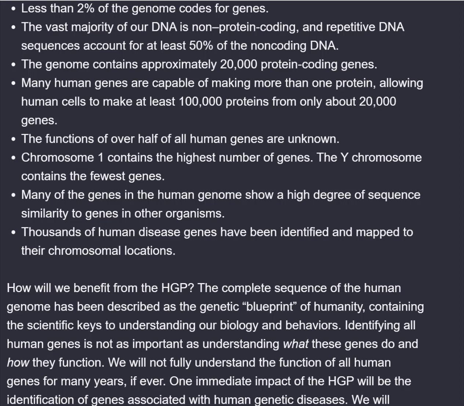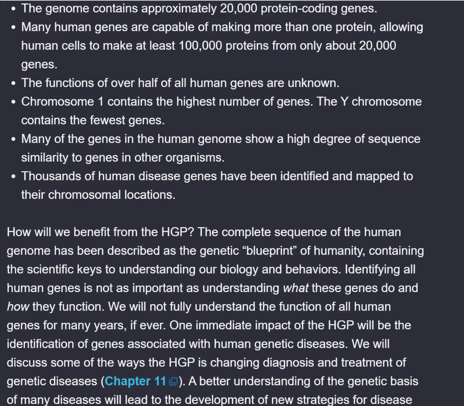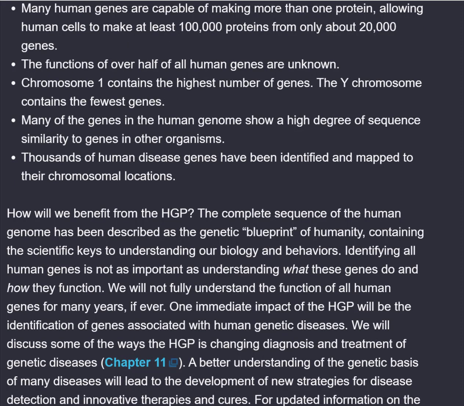Less than 2% of the genome codes for genes. The vast majority of our DNA is non-protein coding, and repetitive DNA sequences account for at least 50% of the non-coding DNA. The genome contains approximately 20,000 protein-coding genes.